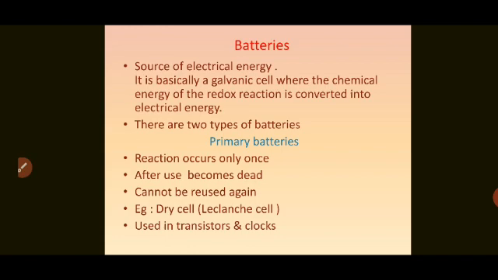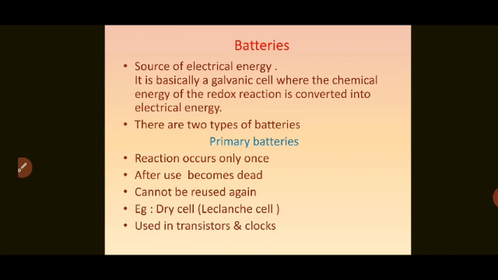How do they provide it? Through some chemical reaction. These are basically galvanic cells where the chemical energy of the redox reaction is converted into electrical energy. So these are designed as convenient portable sources of electricity.